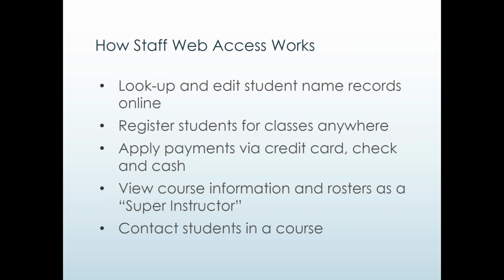You can register students for classes, apply payments, and normally when a customer goes online, they usually have to do a credit card. But what's great about a staff web user, you can log in and have the ability to do check or cash as well. And so I'll show you that information later on in the presentation. It's really neat.